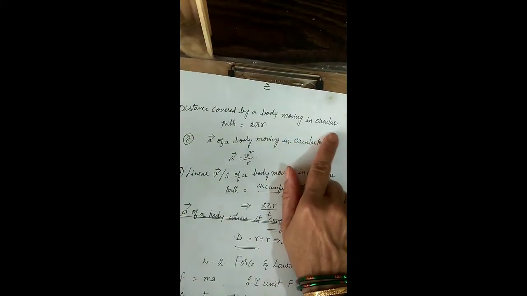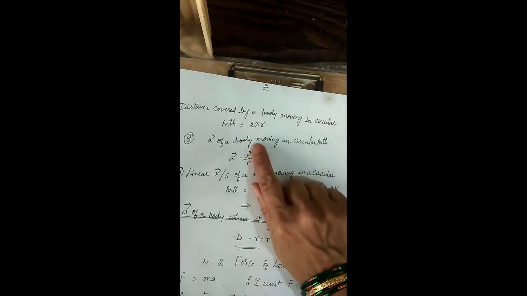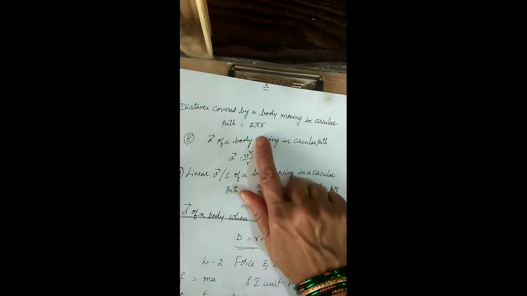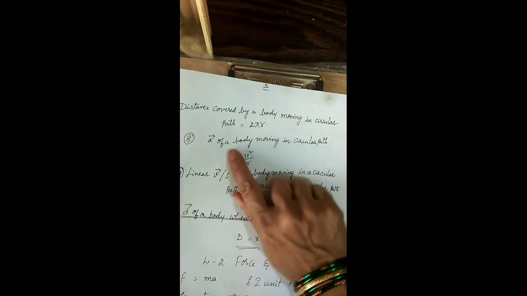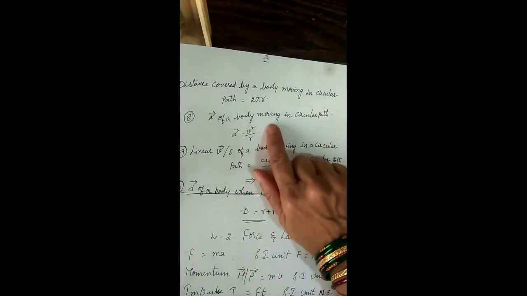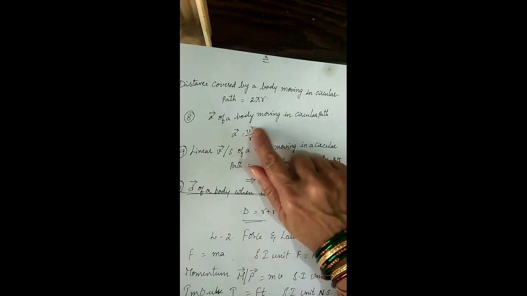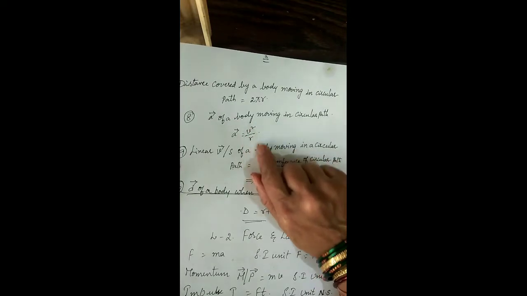Now next, the distance covered by a body moving in a circular path is equal to the circumference of the circle. That is the formula you will be using, 2 pi r, and it is nothing but the length. Then the acceleration of a body moving in a circular path, A is equal to V square by R, where V square is velocity whole square and R is radius.